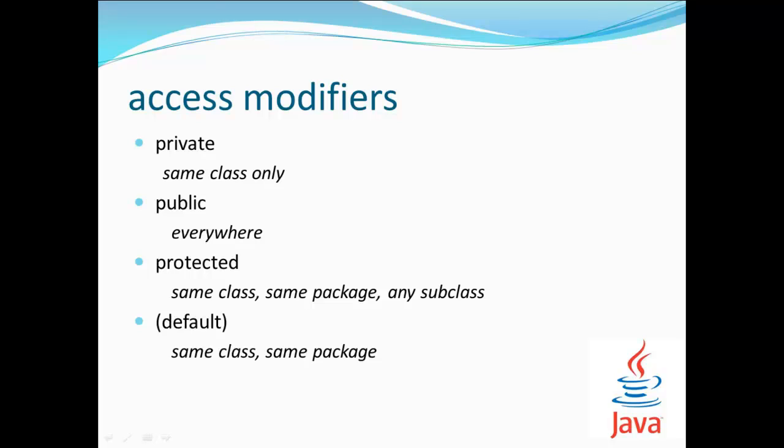Using no modifier is also sometimes referred to as package private or default or friendly access. Usage of these access modifiers is restricted to 2 levels. The 2 levels are class level access modifiers and member level access modifiers.